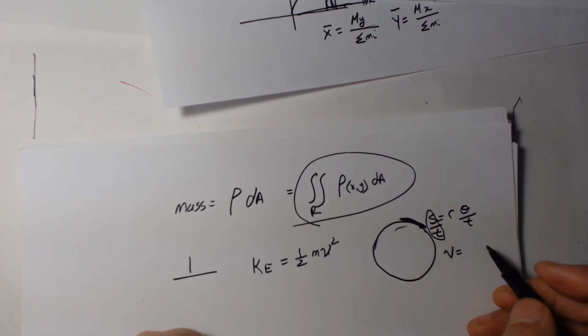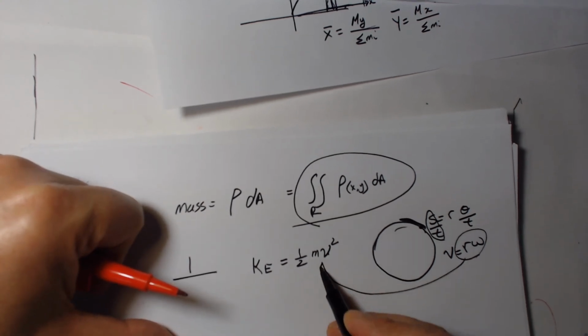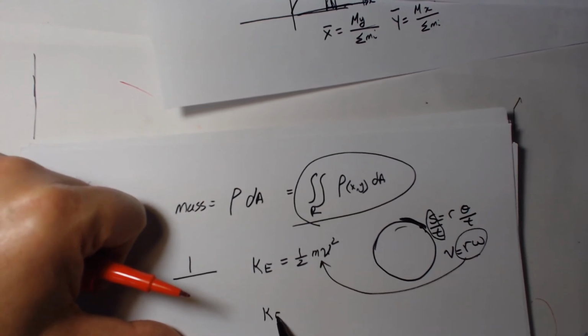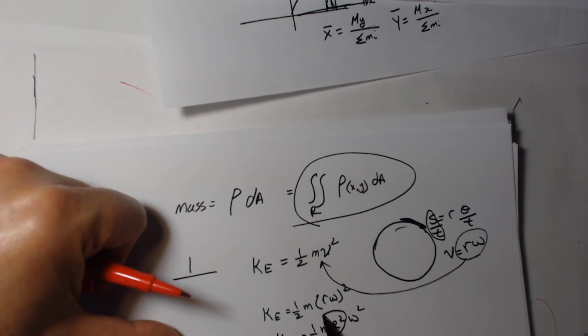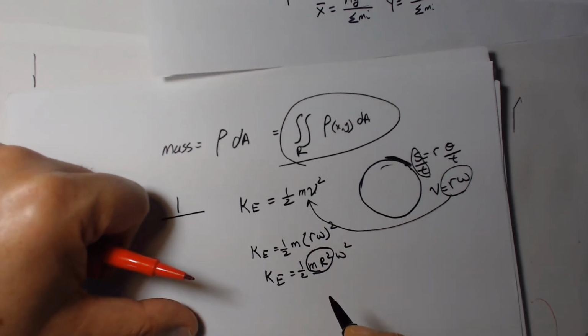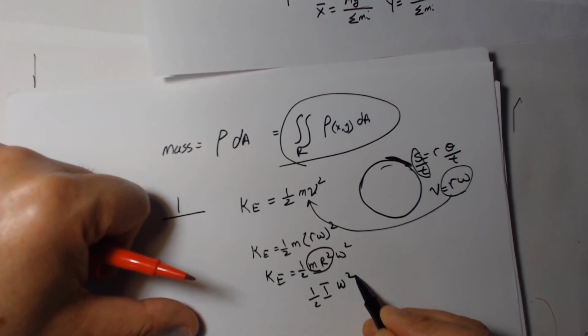Angle over time is an angular velocity. If I go to my kinetic energy and replace v with r omega, you will get 1/2 m r squared omega squared. They call this moment of inertia, which is I omega squared.